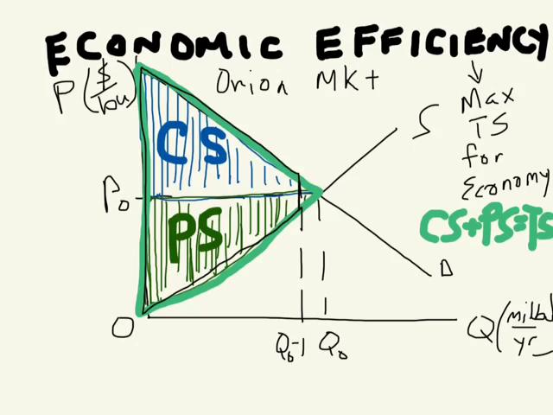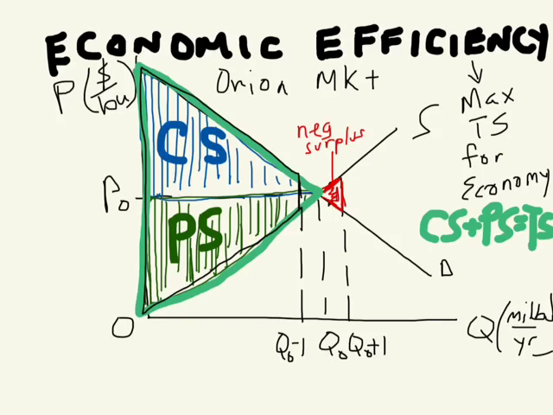Likewise, if we consider the point Q naught plus 1, a little bit more, well, it turns out that for every unit past Q naught, the costs are greater than the benefits, and far from being surplus, these costs over benefit are actually what we might call negative surplus.